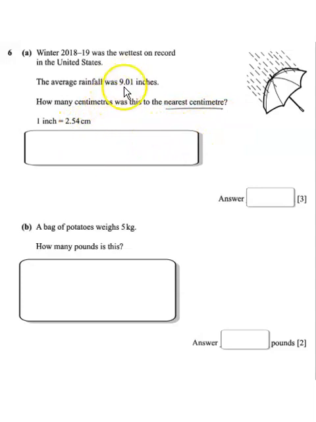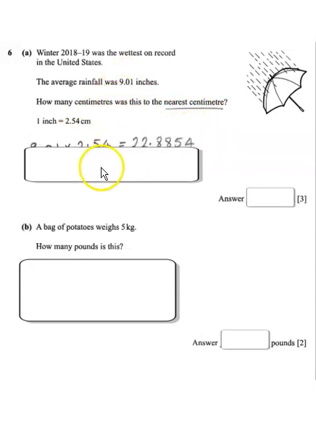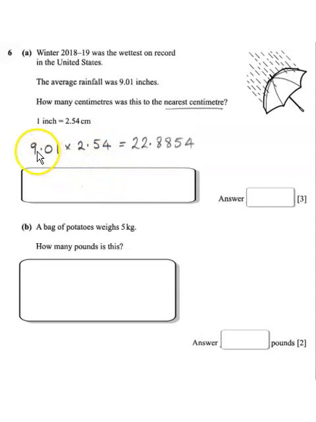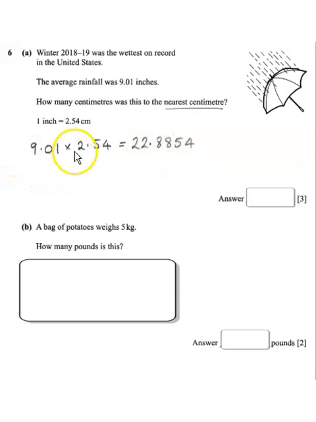So we're changing 9.01 to centimetres. And this is what we do here. So 9.01, we times it with the 2.54 here, which gives us 22.8854. As it says to the nearest centimetre, then basically you're rounding it to 23.